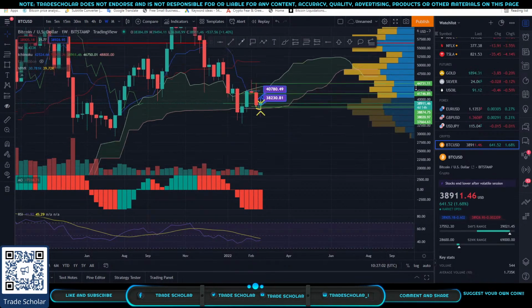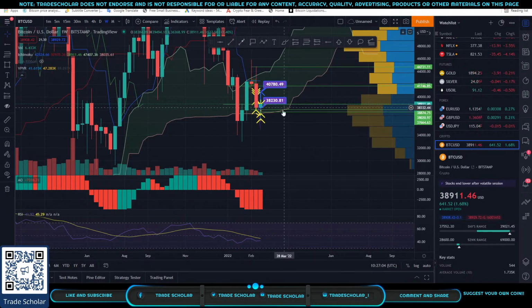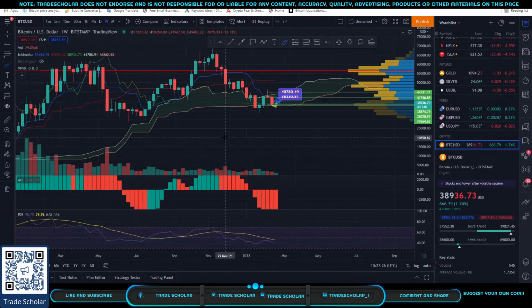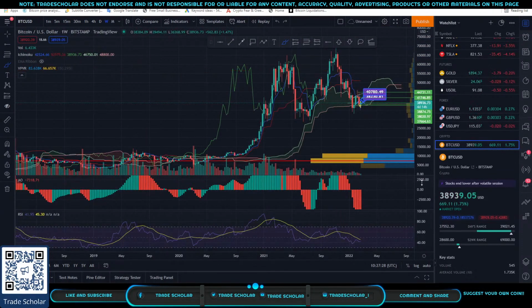We are now having a green candle in our weekly time frame. We are inside the cloud. We have a strong support in the cloud, and that's a good thing. If this holds, then we are having a primary low and then a higher low, so we're gonna continue the trend to the upside. This is for our weekly time frame.